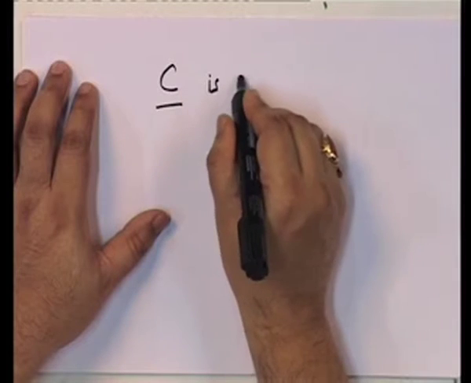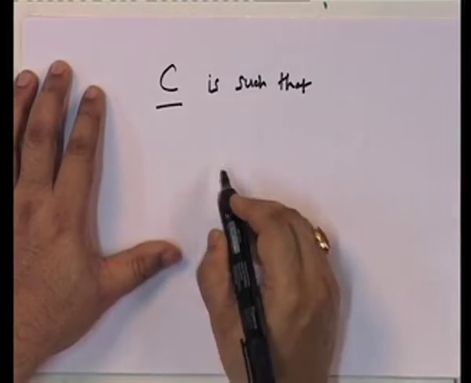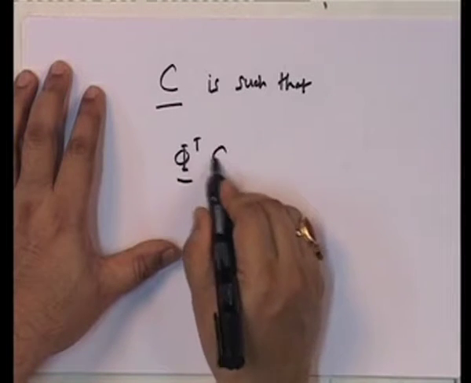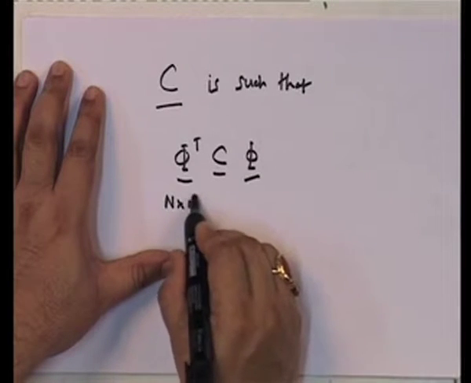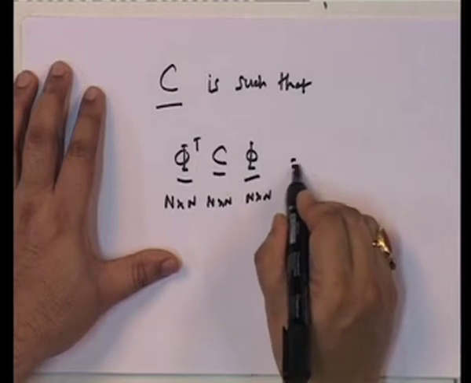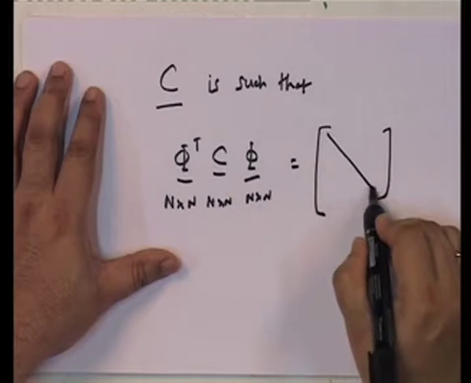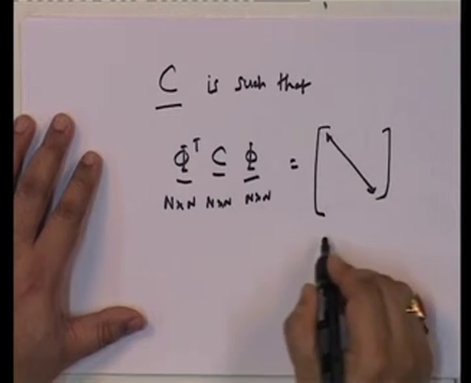So, therefore, that is where you need to define C such that phi transpose C phi, this is n by n, is a diagonal matrix.